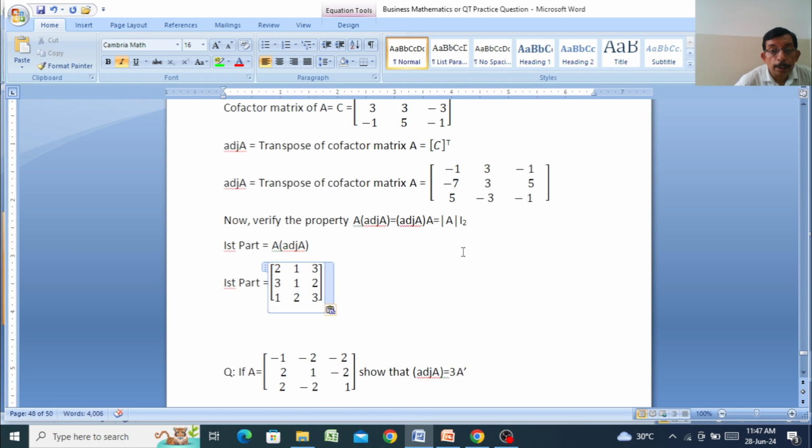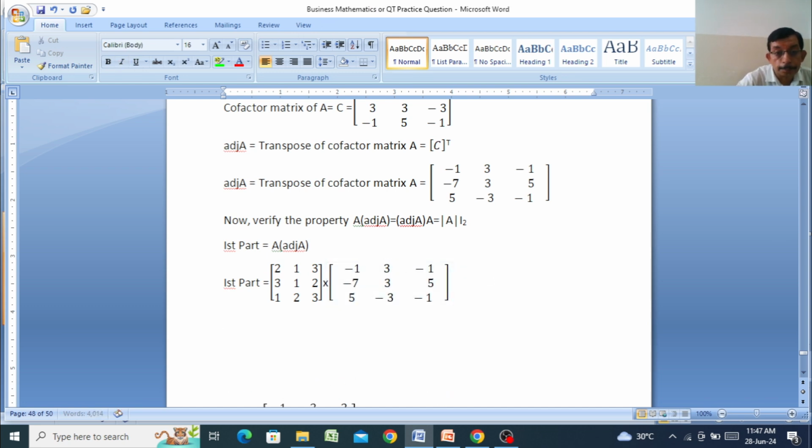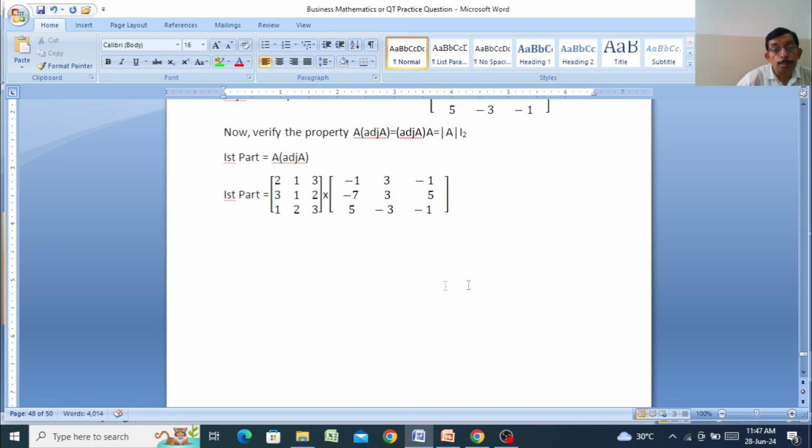Adjoint A. Now, how many columns in the matrix, 3; how many rows in the matrix, 3. The rows and columns are equal, so the multiplication is possible.